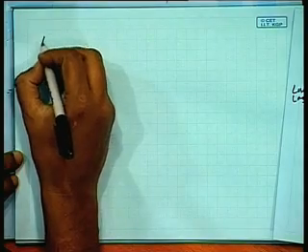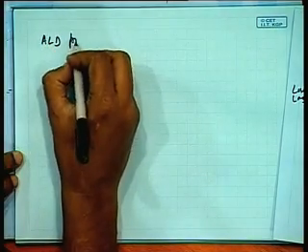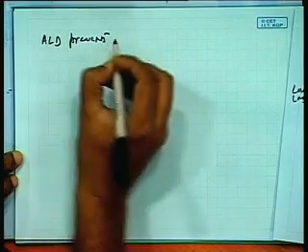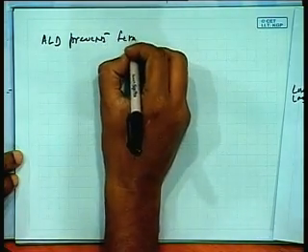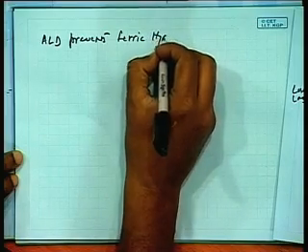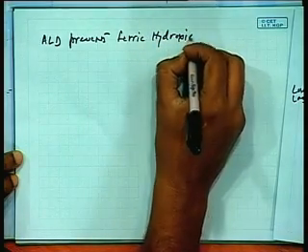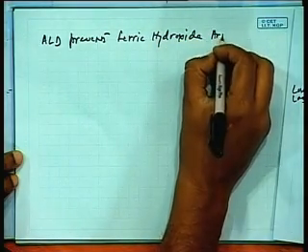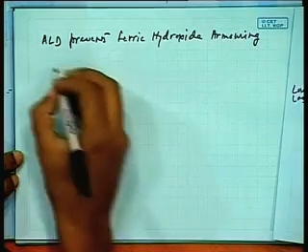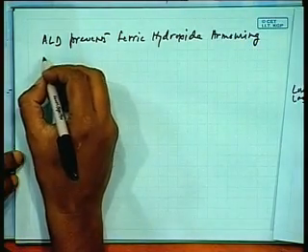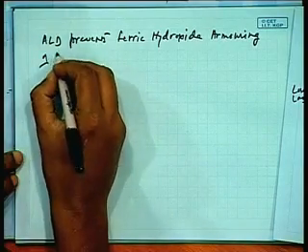The ALD prevents ferric hydroxide armoring of limestone.